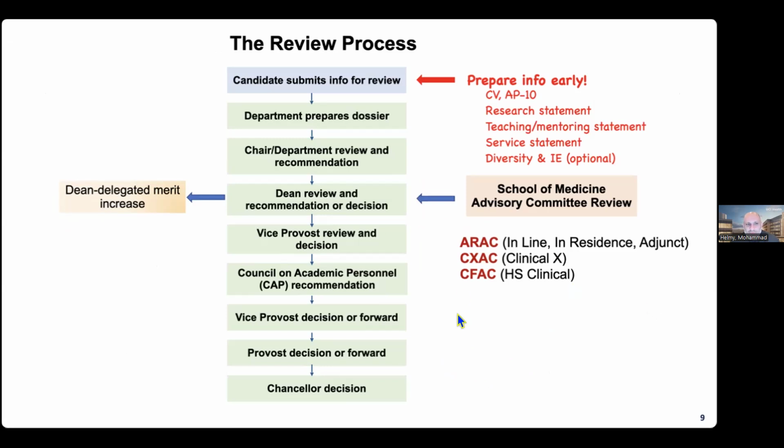The top part before it gets to the dean's office, that can vary and look different from department to department, depending on what the department's policies and internal procedures are. There are some actions that require a department level vote and some that do not.